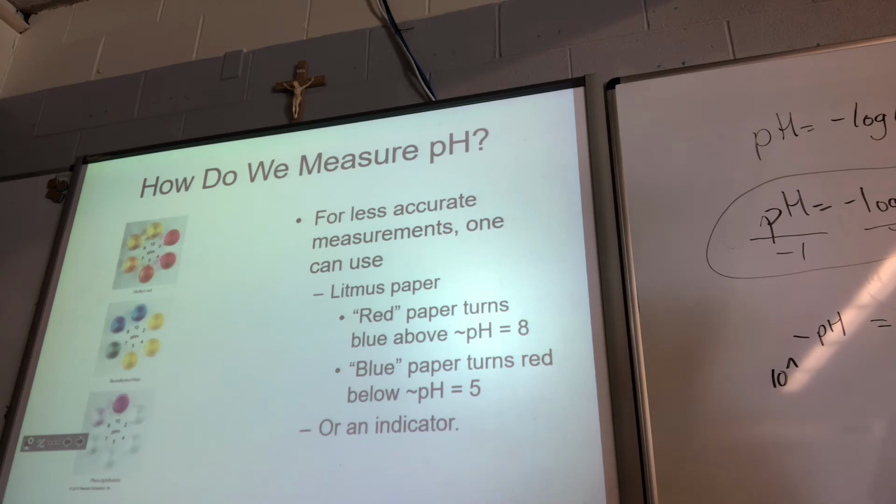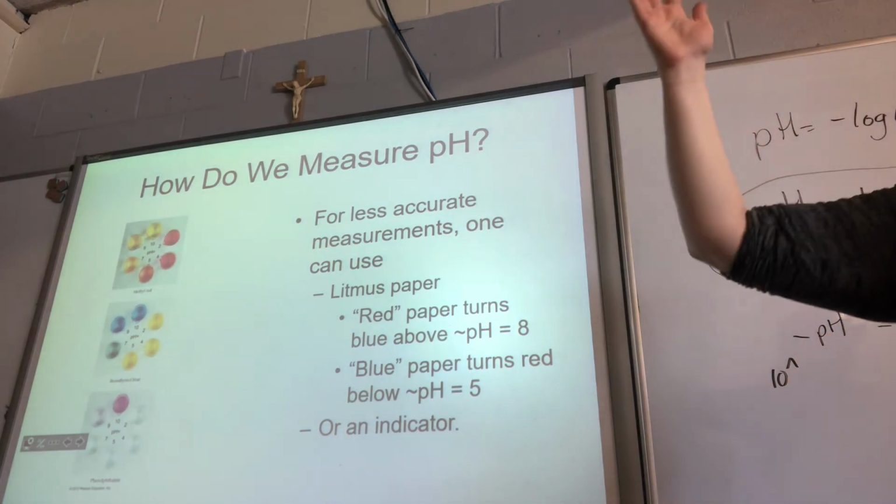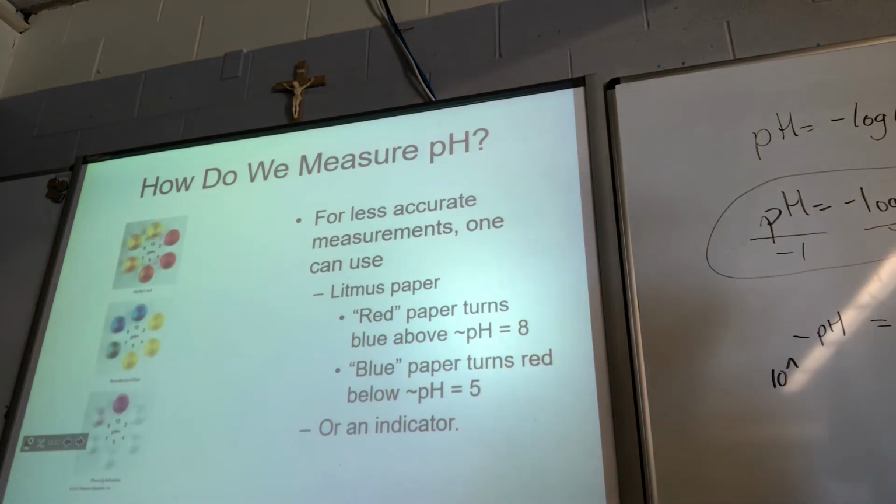I have some litmus paper designed specifically for blood measurement. It ranges very specifically between 6 and 8, and it gives you various shades between 6 and 8, at maybe 6.2 and 6.4 and 6.8, just to see where you're actually at on the decimal side of the pH scale.